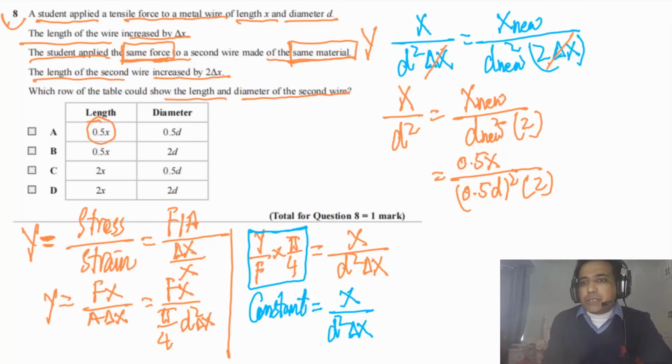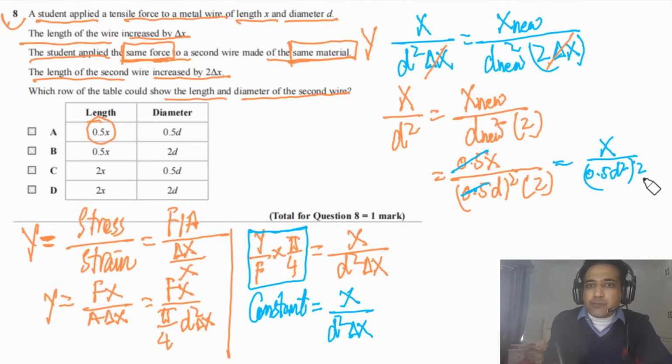Now from here you can see that 0.5 here, and here we have 2 times 0.5, so 1 0.5 will be cancelled. So what is left behind? We have x, and here we have 0.5 d square, and here we have 2.